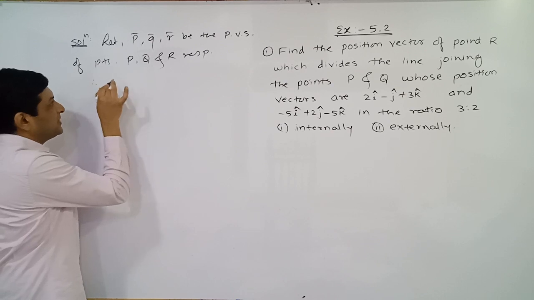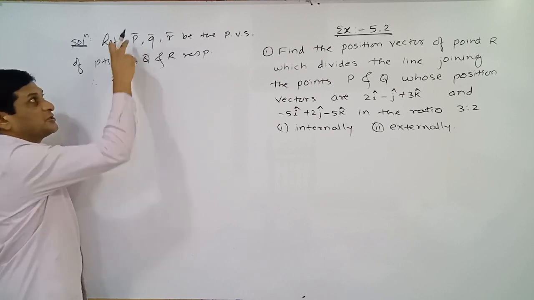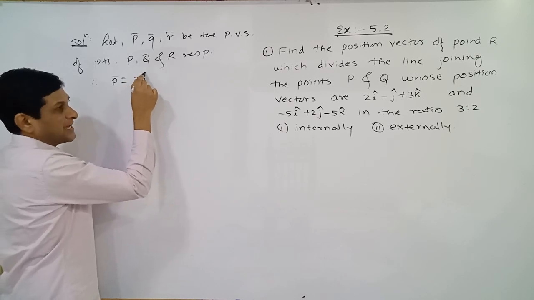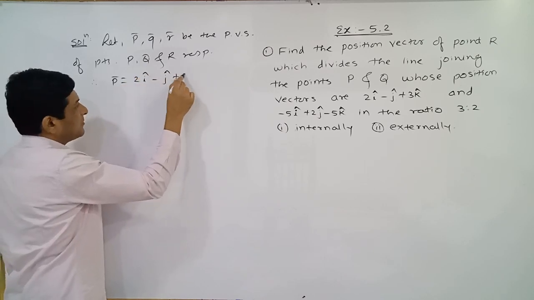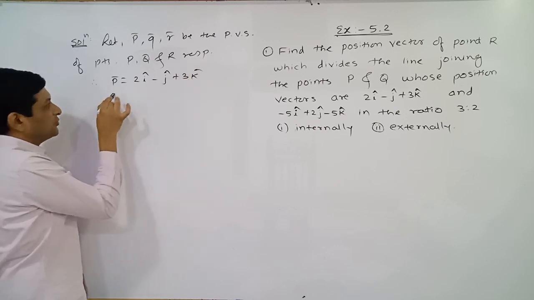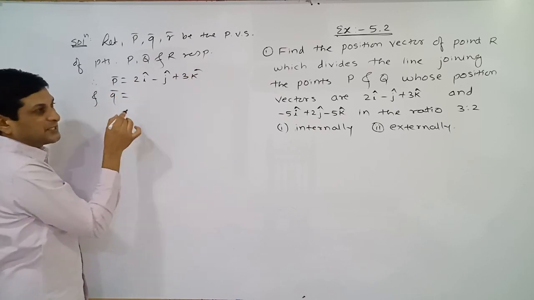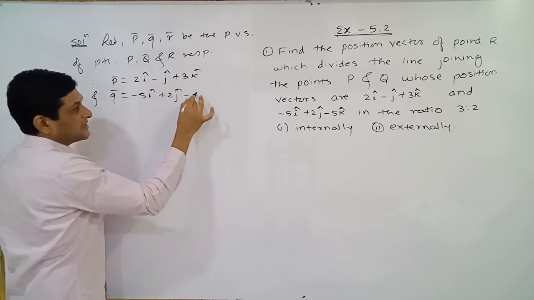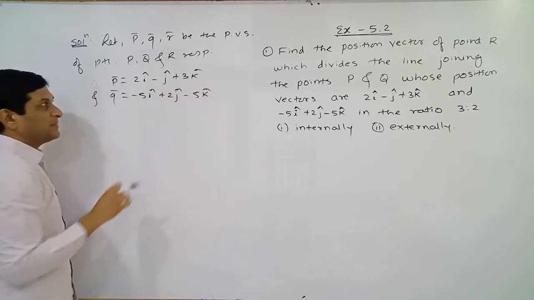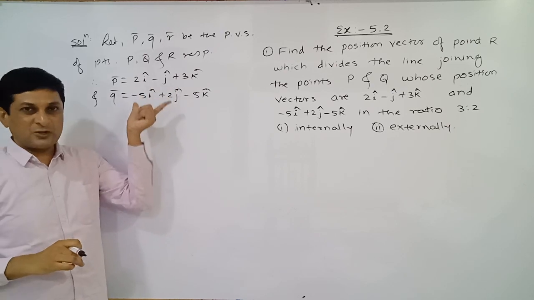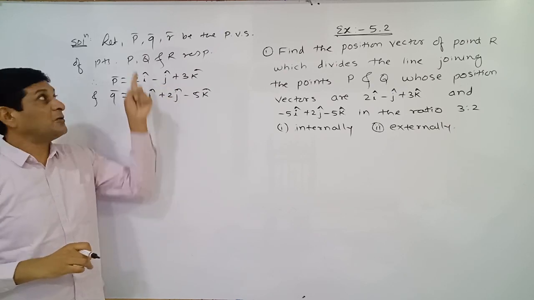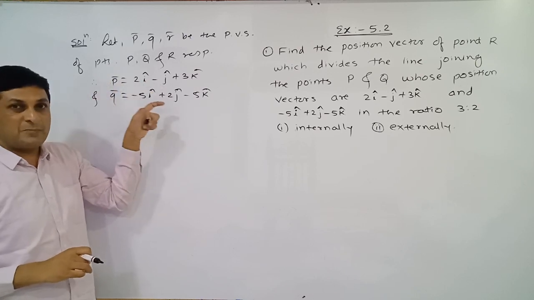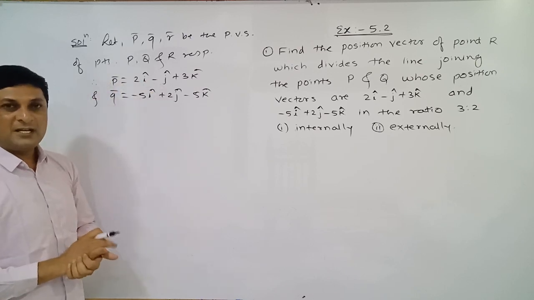So P bar will be equal to 2i cap minus j cap plus 3k cap, and Q bar will be equal to minus 5i plus 2j minus 5k. Again remember that these are nothing but the position vectors of points P and Q. We have denoted this vector by P bar and this vector by Q bar.